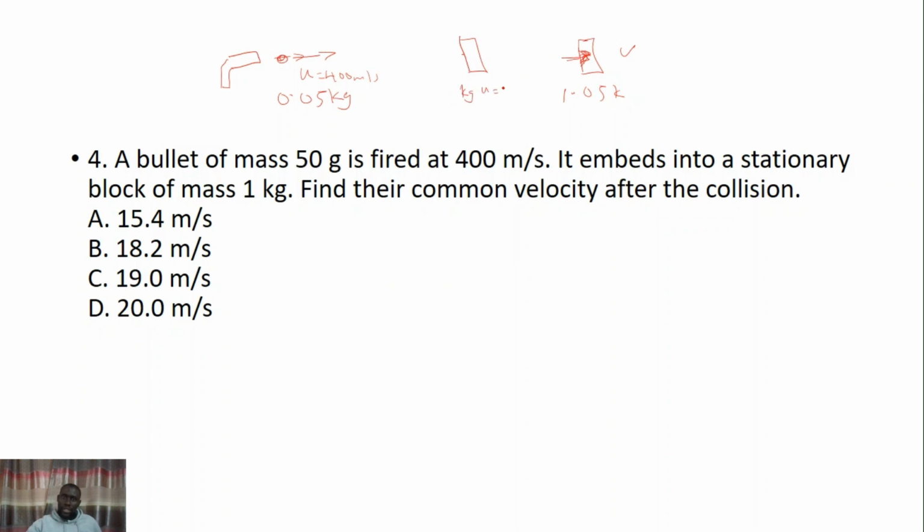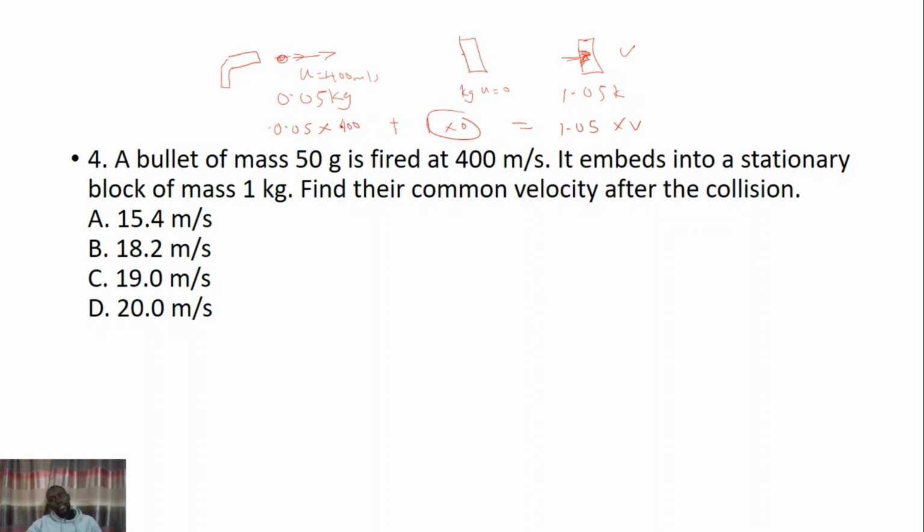The block is 1 kg, right? And the initial velocity is 0. The momentum before will be m1, the mass of the bullet, 0.05 times 400, plus the initial momentum of the block, which is 1 times 0, which is 0 anyway. This will be equal to the total momentum after, which is the total mass 1.05 because both of them stuck together, times the velocity that we want to calculate, right?